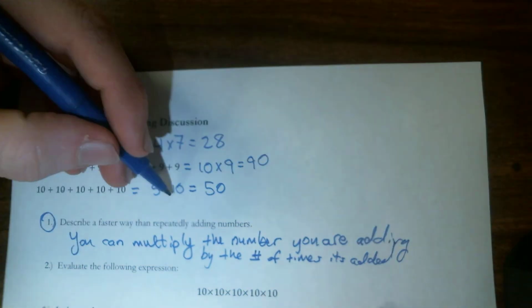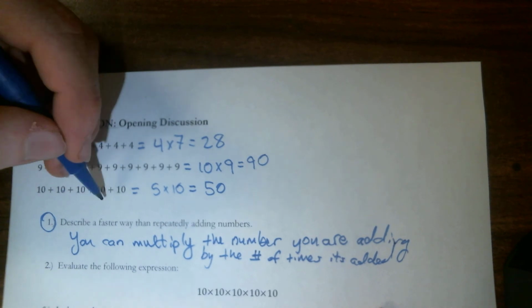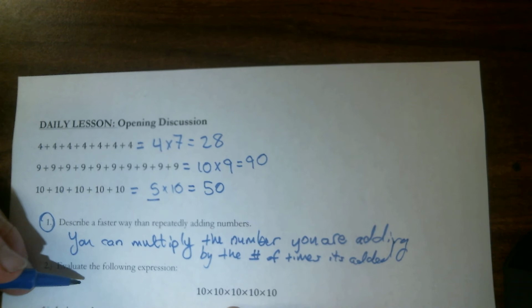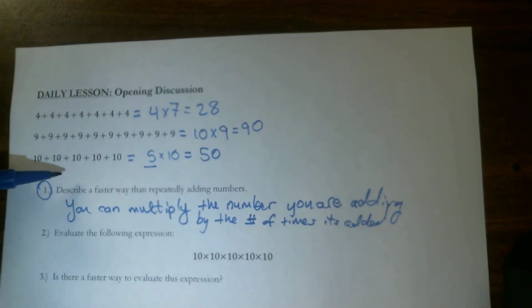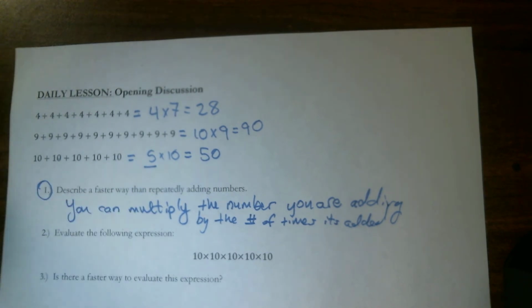So for example, back in this one, 10 times 5, because 10 is being added, and how many times is it being added? 5 times. All right, so this one's different. Right here, this one is now different. We went from 10 added together 5 times to 10 multiplied 5 times.